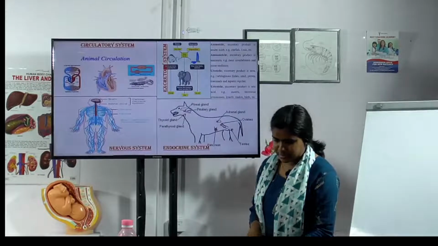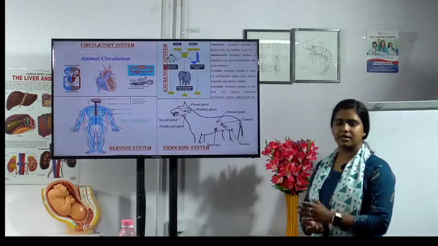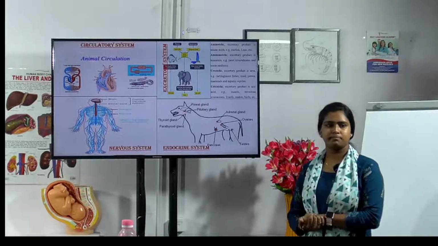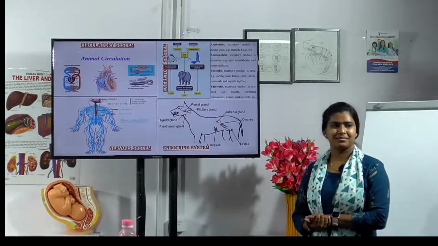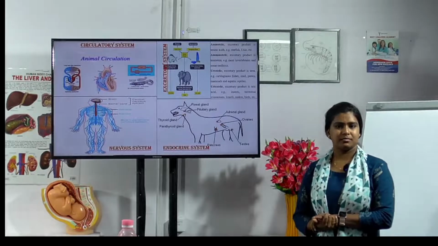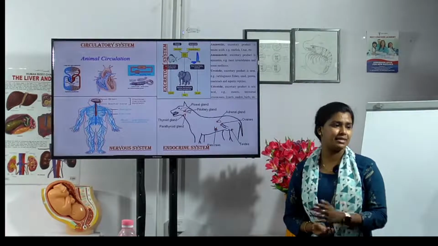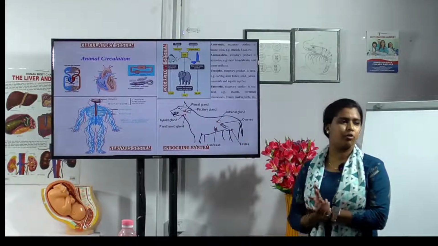The next system is circulatory, comprised of blood vessels and also the heart, which transports the materials all over the parts.